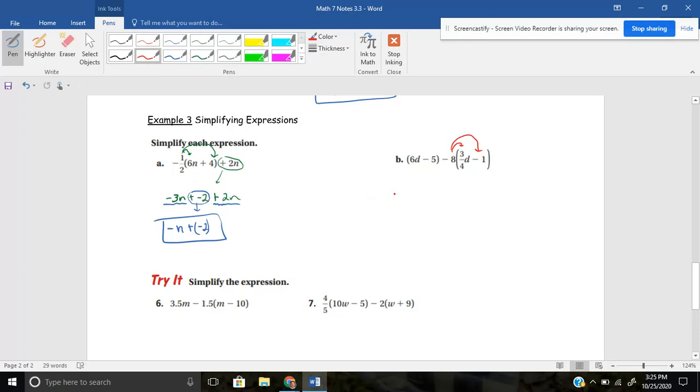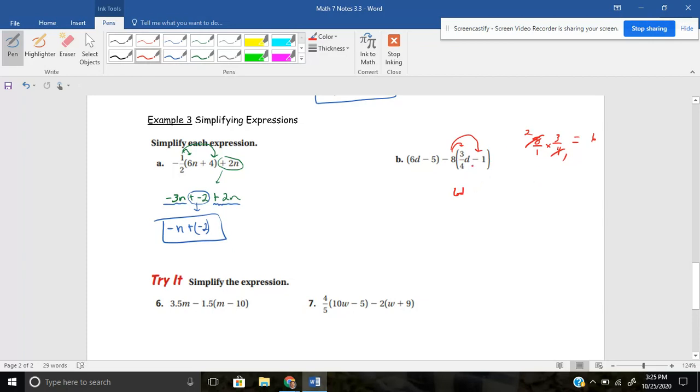So 8 times 3/4, I'll simplify first, divide by 4 would be 1, divide by 4 would be 2. So that would give me 6 over 1, which is 6. So when I distribute here, I would get 6d.